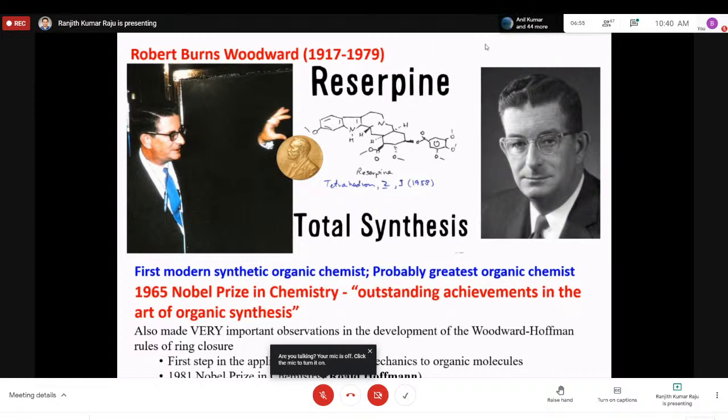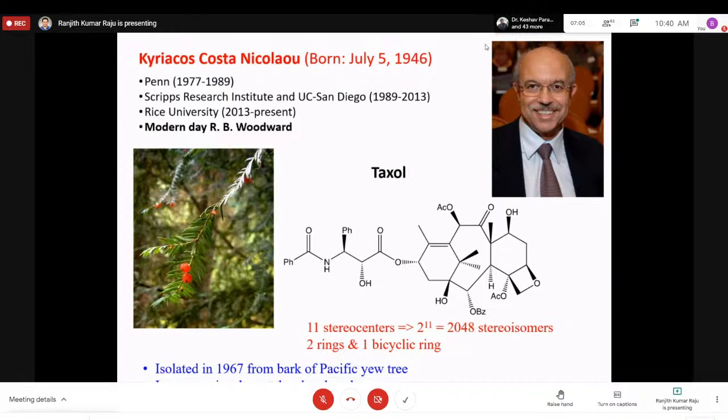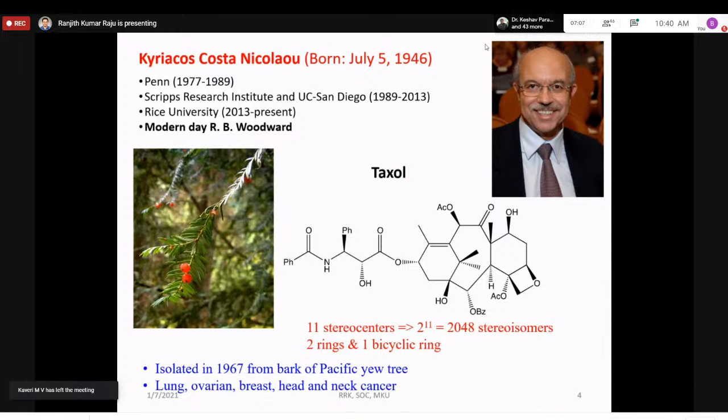After that, the modern day Woodward is K.C. Nicolaou. He is presently working at Rice University. He is well known for the synthesis of taxol and toxins.